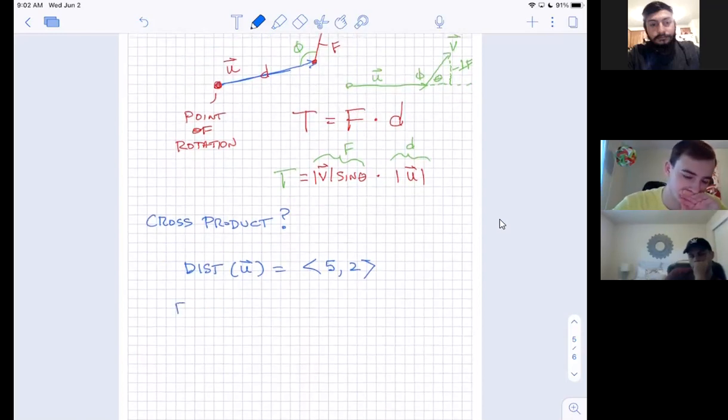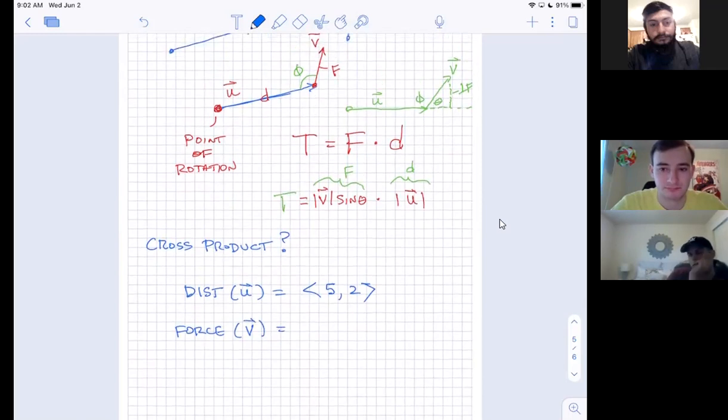And then our force vector, v, I'm also going to put that at a similar angle to before. Let's say it's over 3 up 4.